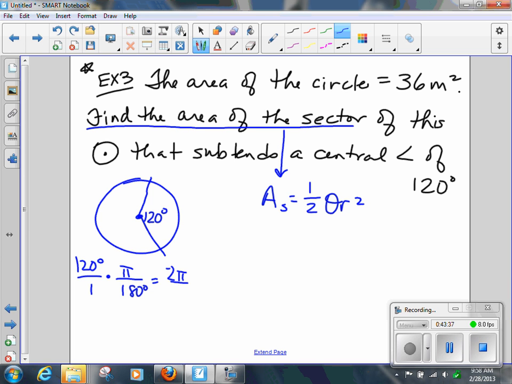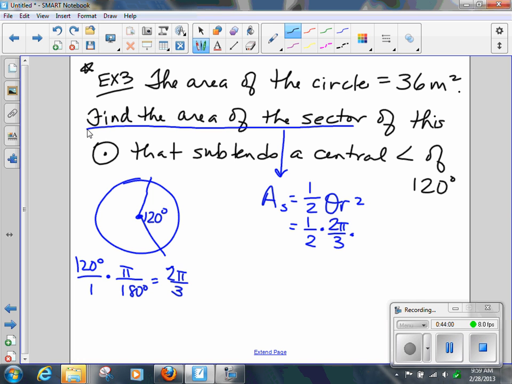Okay. 2 pi over 3. All right, that's done. 1/2 times 2 pi over 3. Dang it, I still don't have my radius. How do I find my radius? What do I do? What am I given?